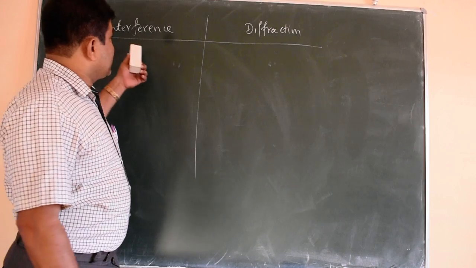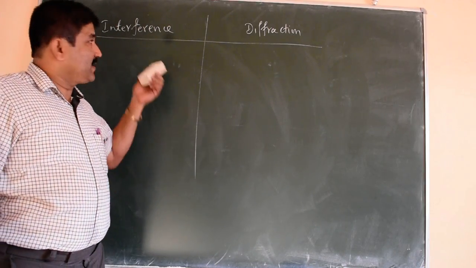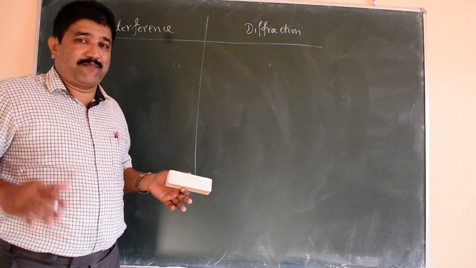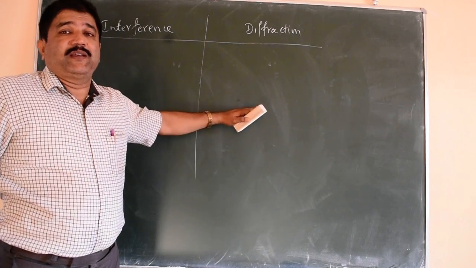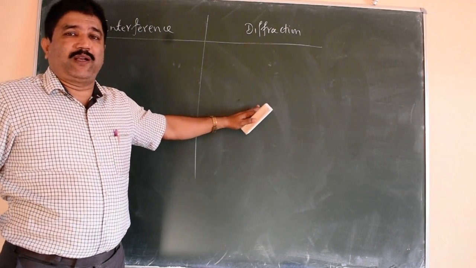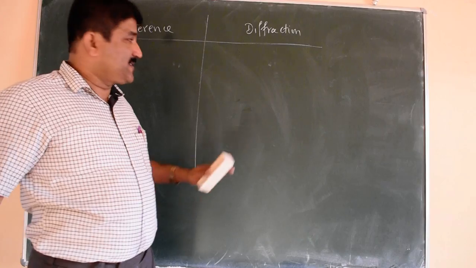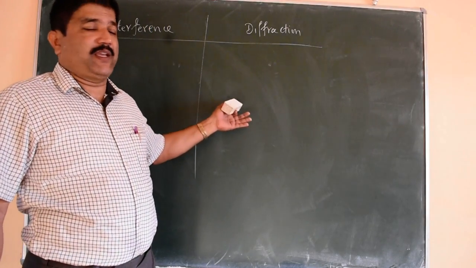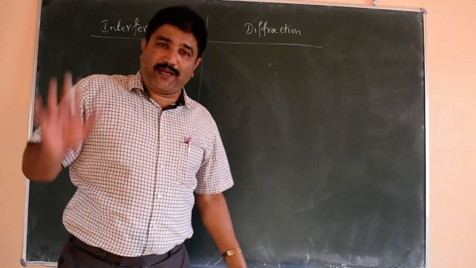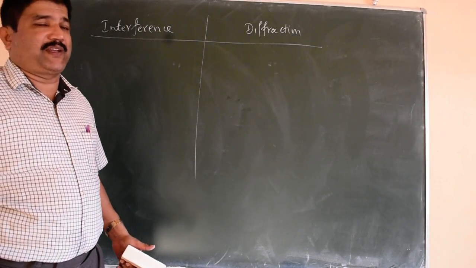Then the intensity of all the bright fringes in interference is the same. But here the intensity is not the same, it is unequal. The intensity of the secondary maxima decreases as the order increases.